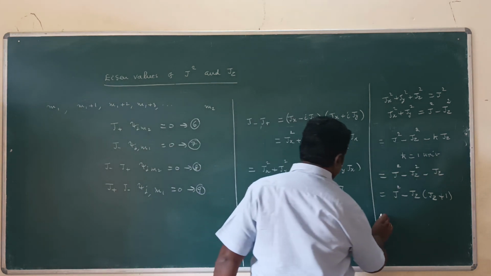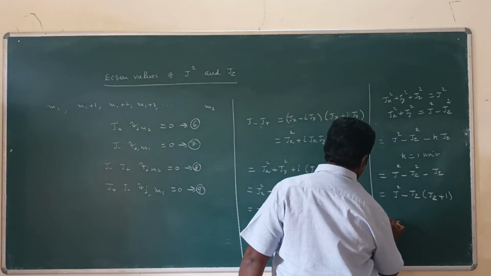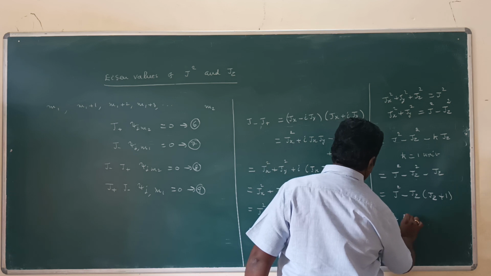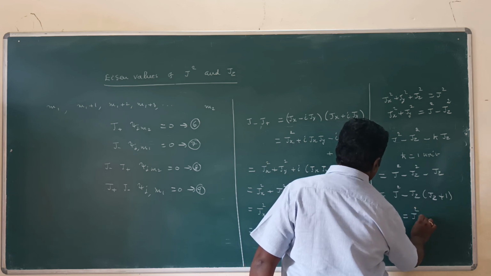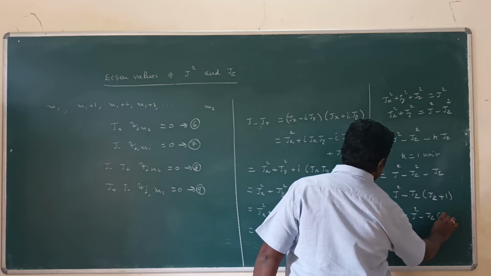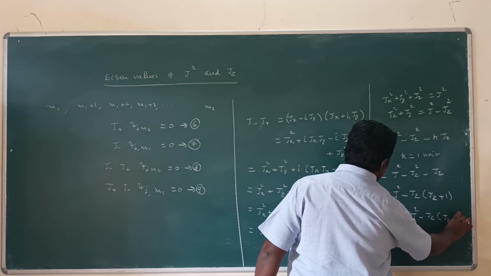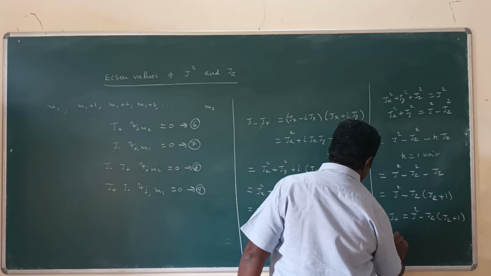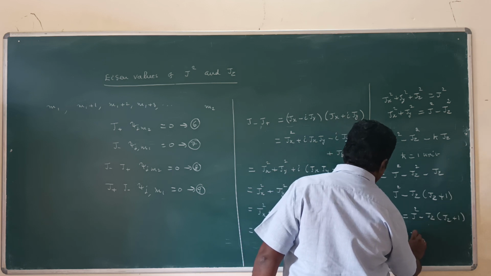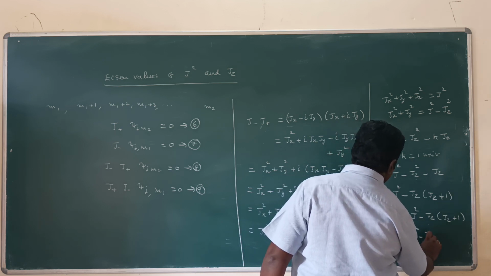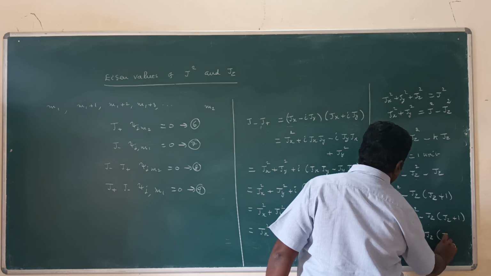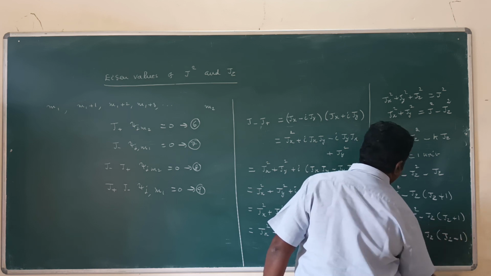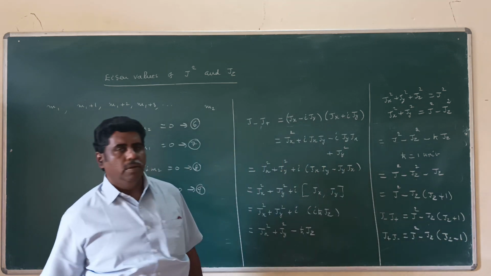J− J+ is equal to J square − Jz(Jz + 1). In the same way, we can write J+ J− equal to J square − Jz(Jz − 1). We can prove this.